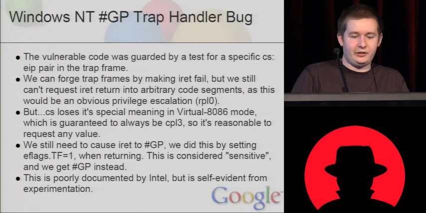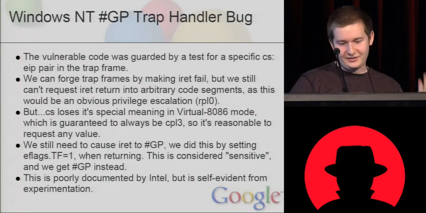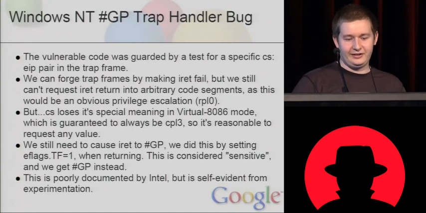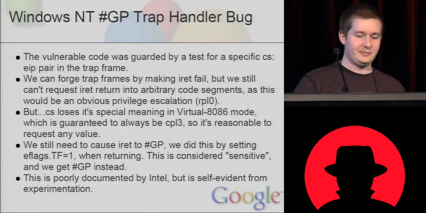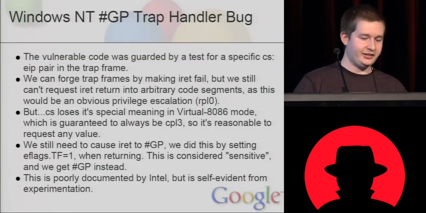And in fact, this is really documented by, I don't remember his name, the Sandpile. Yeah, so there's this great resource online called Sandpile where lots of crazy Intel tricks are documented. And yeah, so it's explained that at some point Intel decided that this should be sensitive and they updated it, but they never issued any errata or they never updated any documentation.